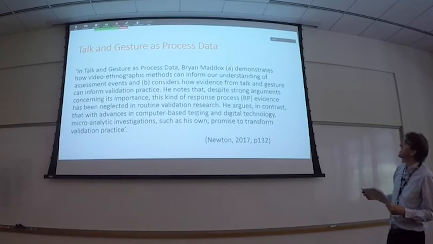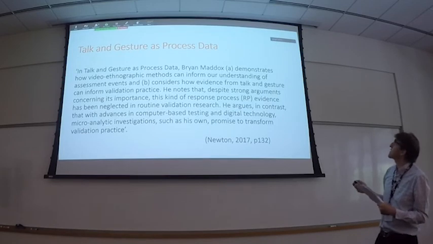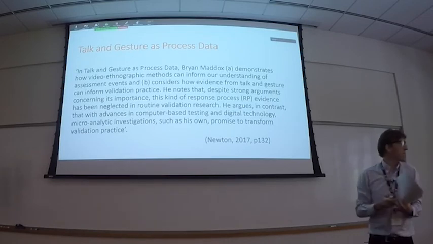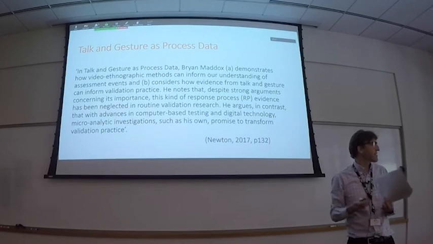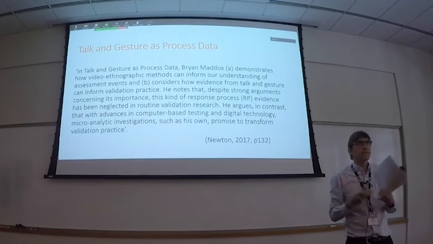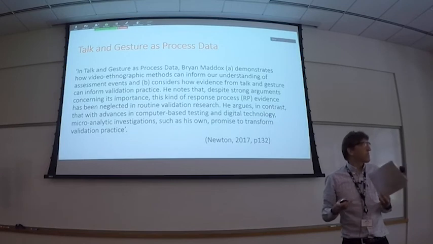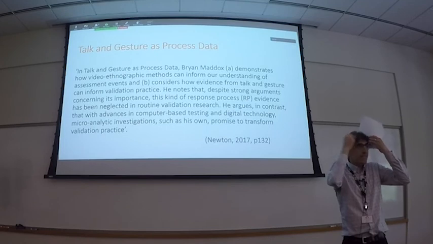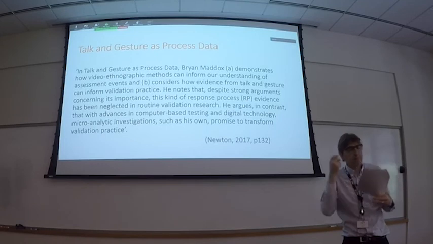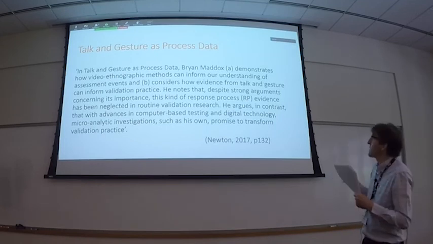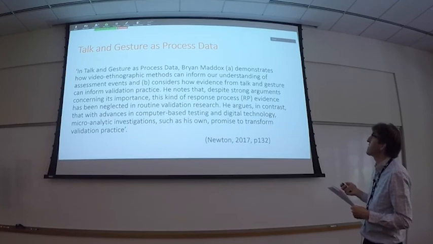There are a few key points here. He's recognizing the significance of talk and gesture, and you can expand that to other analysis: textual analysis, keystrokes, eye tracking, whatever you want to use. Some people use heart rate monitors. People have bands that they wear around their heads to capture cognitive processes. That's all part of this response process evidence.